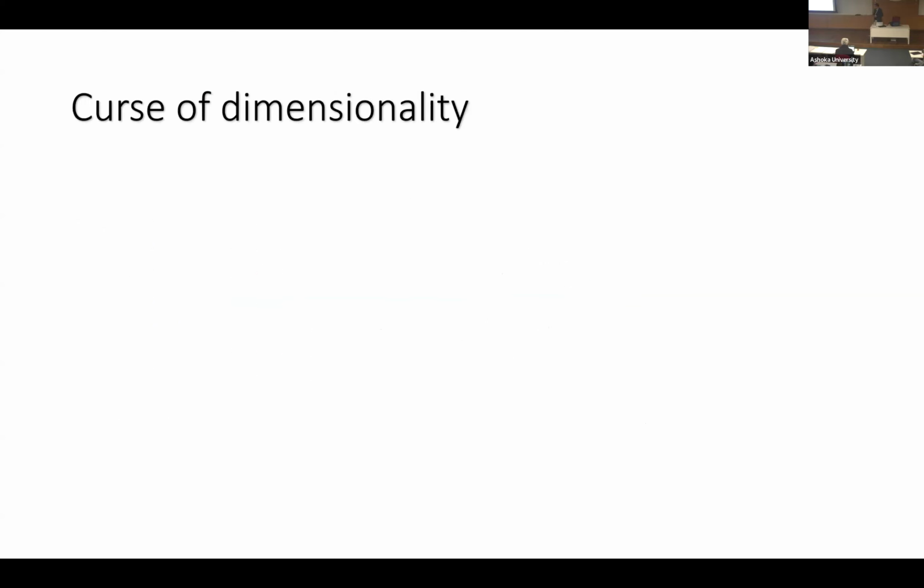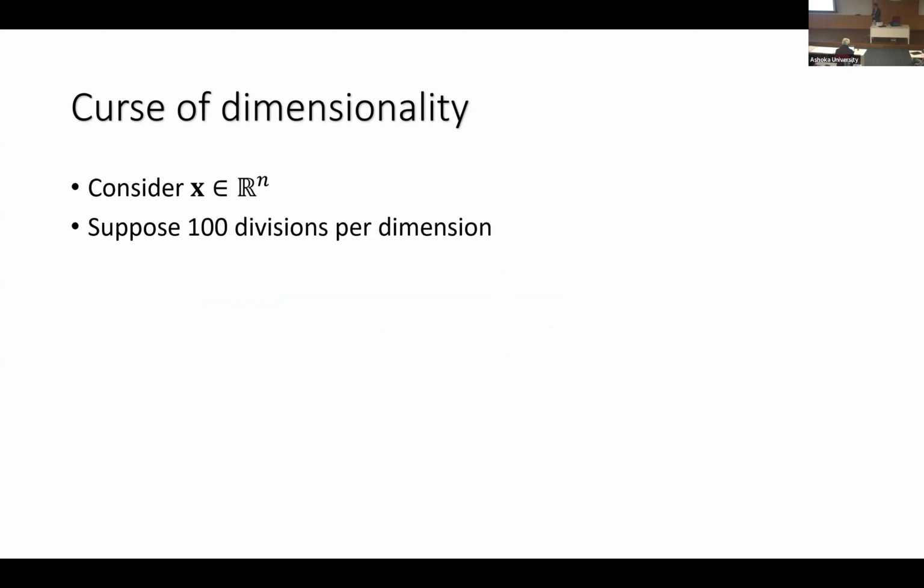Okay. Now there is a major issue with grid search and random search as we increase n, and that is called curse of dimensionality. So what is it? You consider x in Rn, right? N-dimensional vector. Then suppose you do 100 divisions per dimension, right?